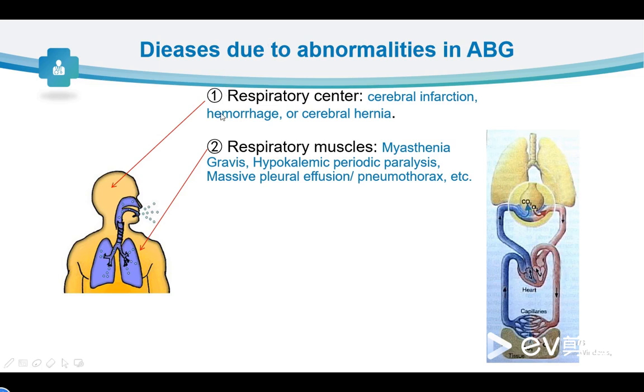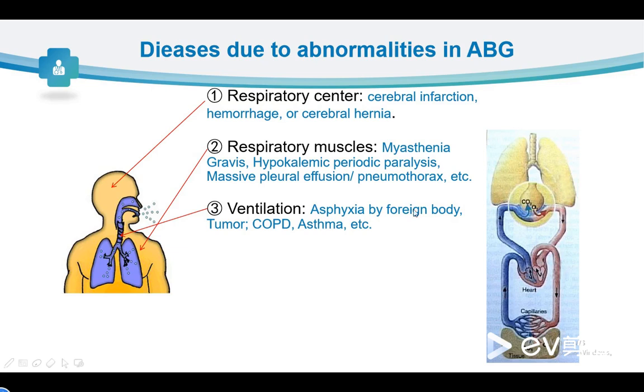If the respiratory center and respiratory muscles are normal, once there is an obstruction of the airway, it will cause the decreased ventilation too. The obstruction can occur in the large airway, such as the foreign body and tumor, and also in the small airway, such as COPD and asthma. Both of these obstructions can result in a decreased ventilation.